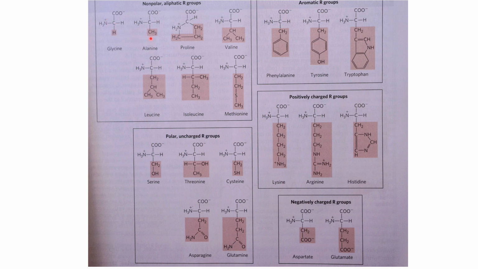We have alanine, which is a methyl group. We have proline, and proline is the exception to this, where instead of a free amine group, we actually have an amide group that's attached, and you form a 5-ring structure with 3 methylene groups here. This is the one that does not really have a rotatable peptide bond.